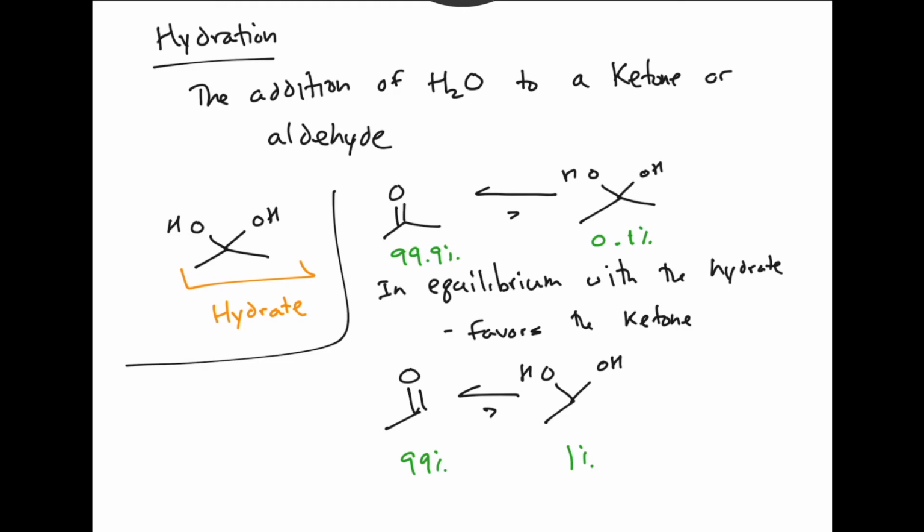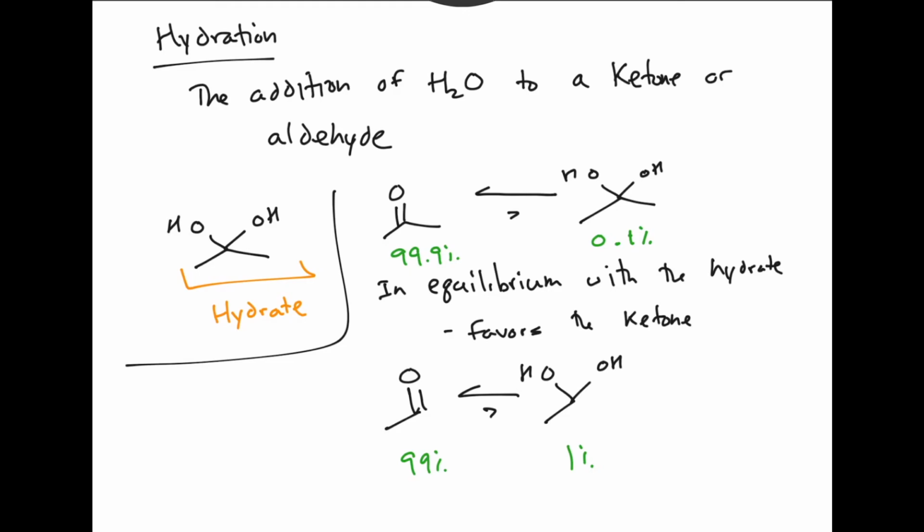It's more stable to be a ketone than it is to be a hydrate because of that double bond, right? So while we can make some hydrate, it's going to favor being the ketone because the ketone is just more stable. The aldehyde's a little bit more reactive, so while it still favors the aldehyde, you get a little bit more hydrate. But in the end, that carbon-oxygen double bond wins out.